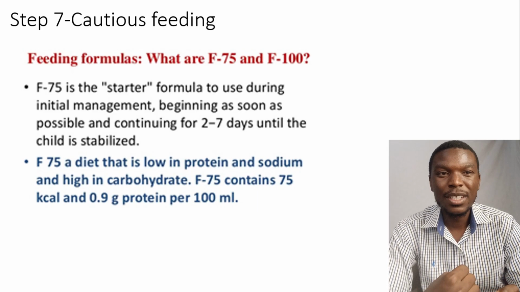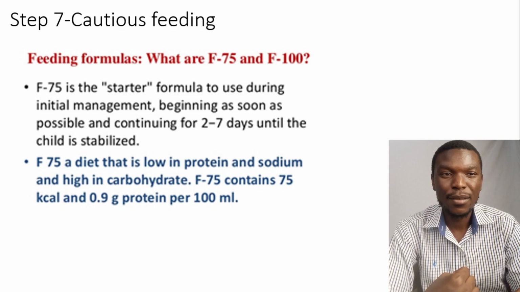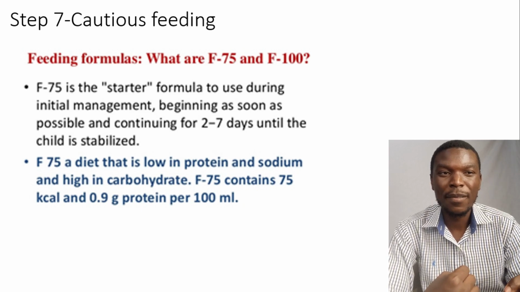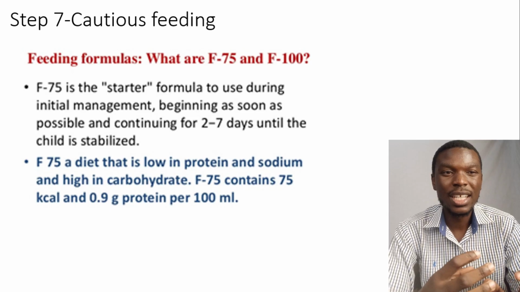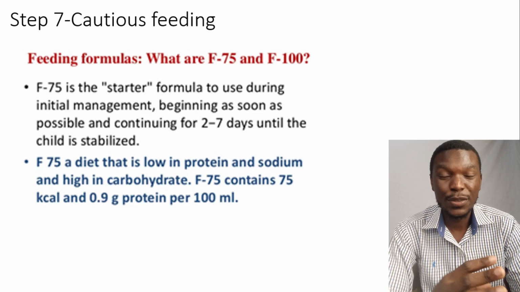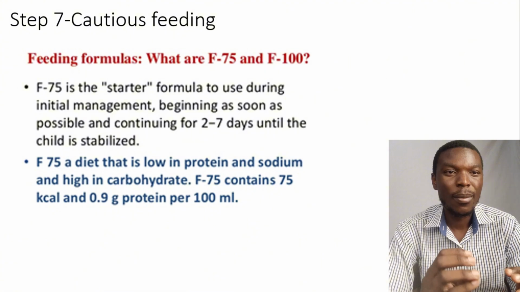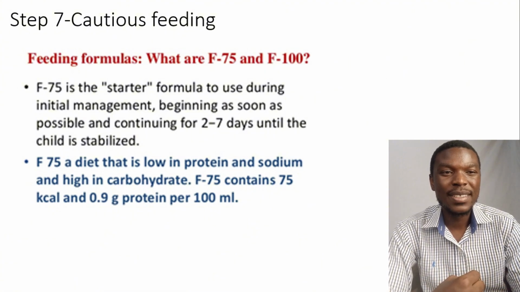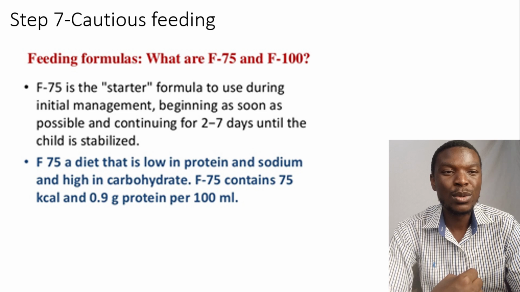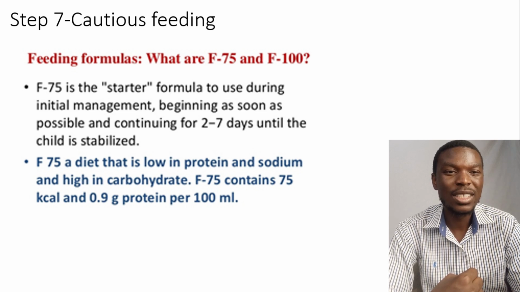In step 7, where you're doing the cautious feeding, this is why you have these formulas or these feeds. F75 is the starter formula to use during initial management, beginning as soon as possible and continuing for 2 to 7 days until the child is stabilized.